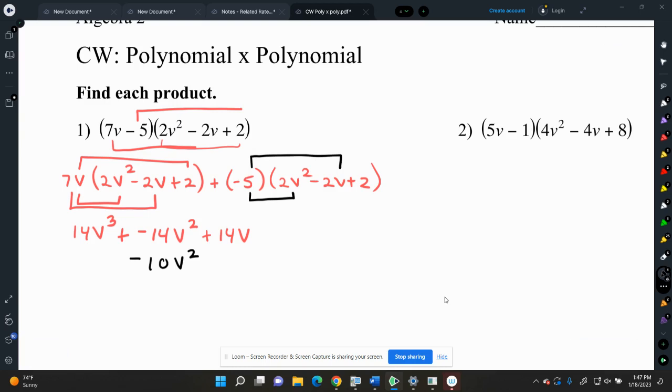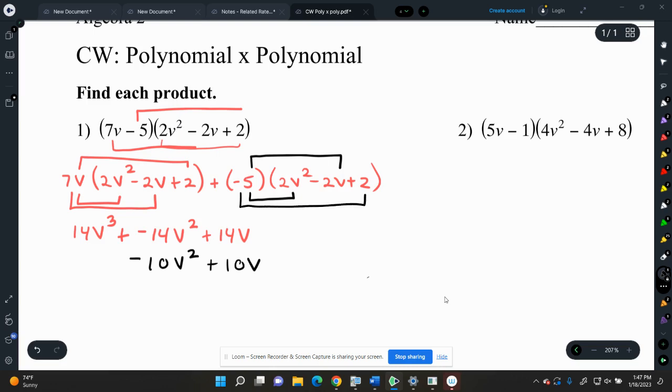What does that equal? Positive, right? That's positive 10v. So I'm going to write it underneath the other v. And then I have negative 5 times 2, which is negative 10.